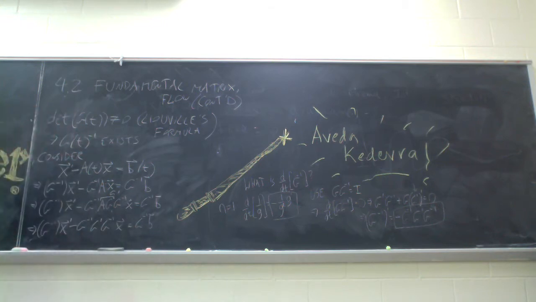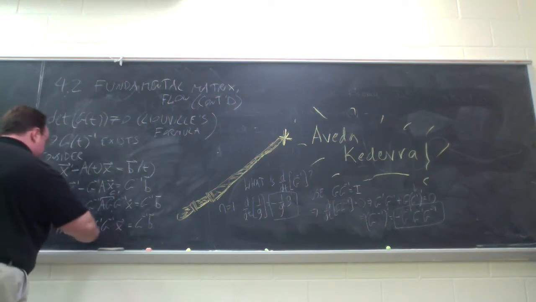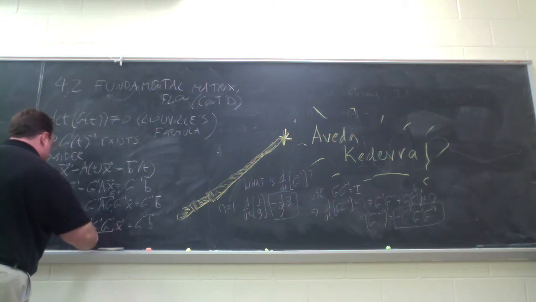So what do we have? Minus g inverse g prime g inverse. That's exactly what I have over there. So this is plus g inverse prime.